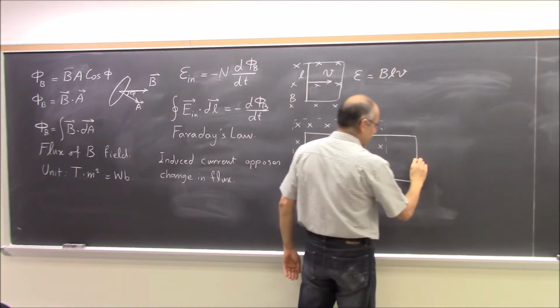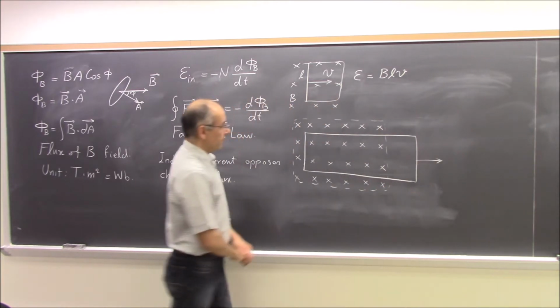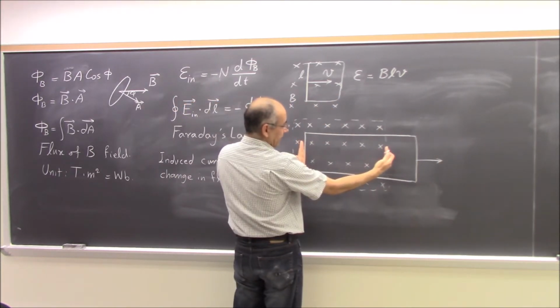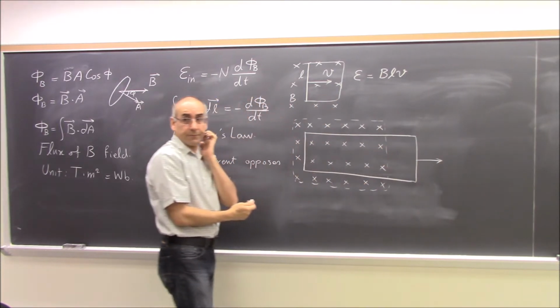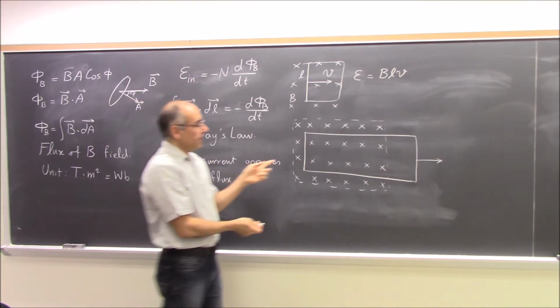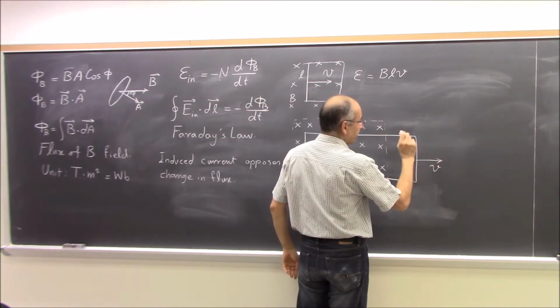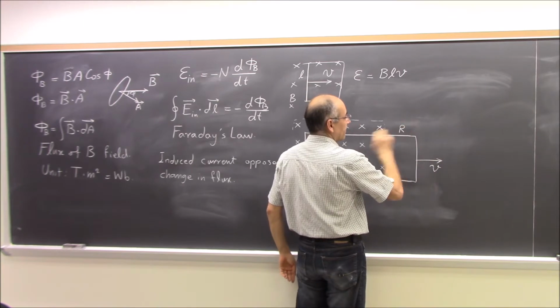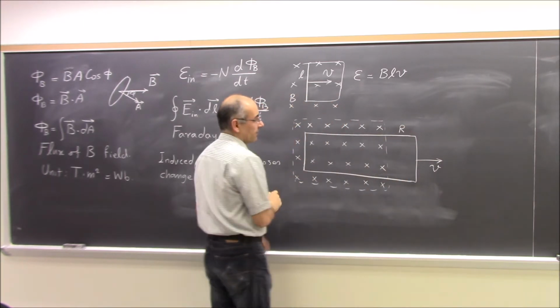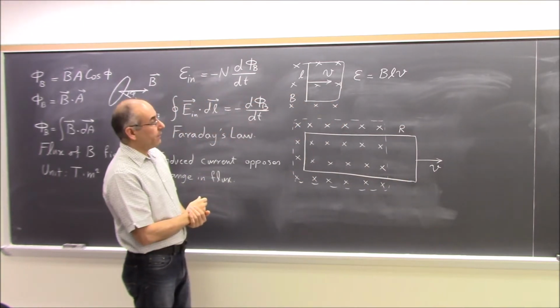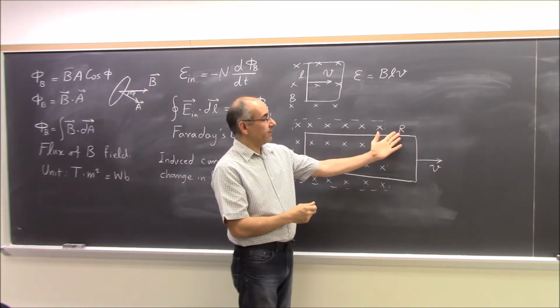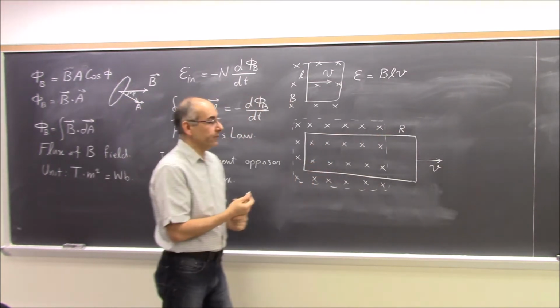You pull this away this way, so as a result, the area that has field in it shrinks down. You're moving with speed v, the loop has resistance R, and as a result there's EMF, and because of EMF and resistance there's a current going through it.